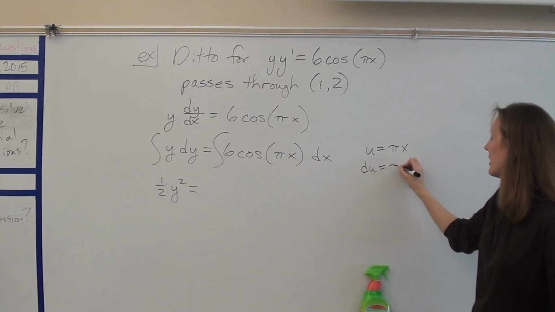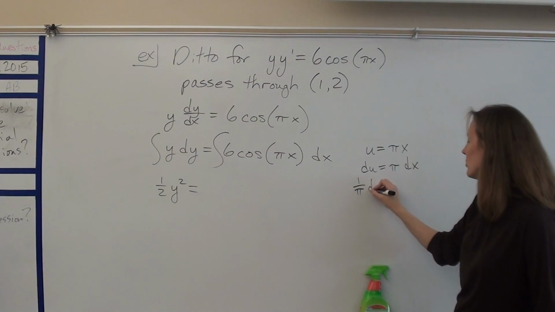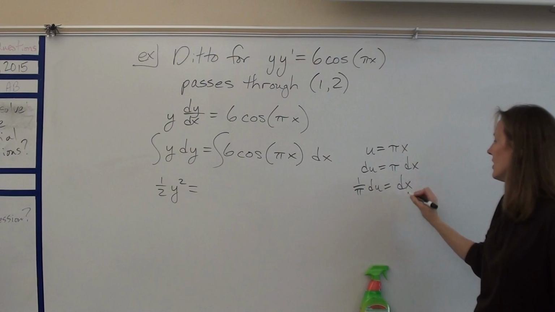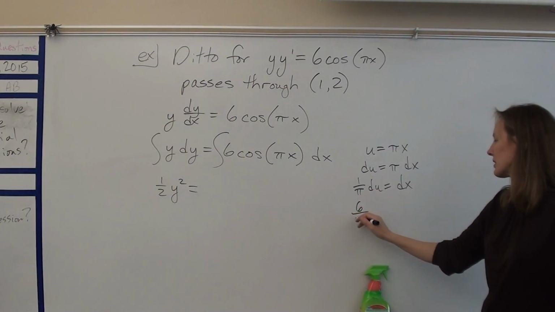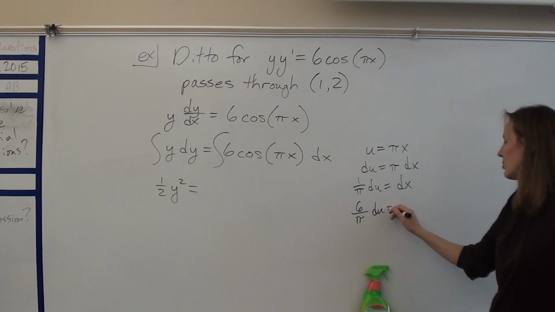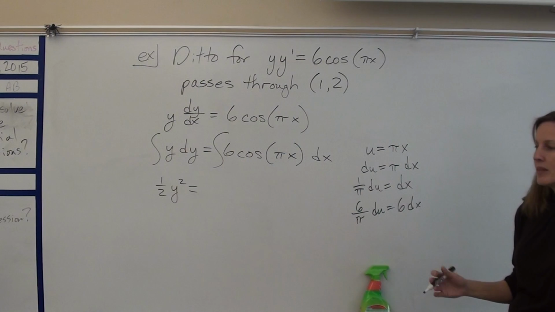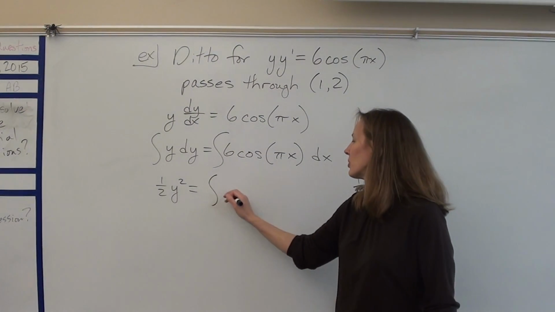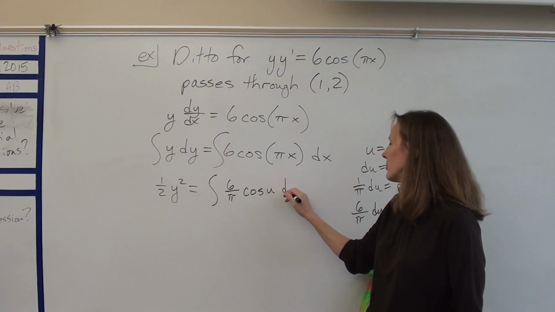The du is just pi dx, so we need to do a 1/pi du equals dx. If you want to go ahead and get the 6 dx, multiply both sides by 6: 6/pi du equals 6 dx. So now what we have is the integral of 6/pi cosine u du.